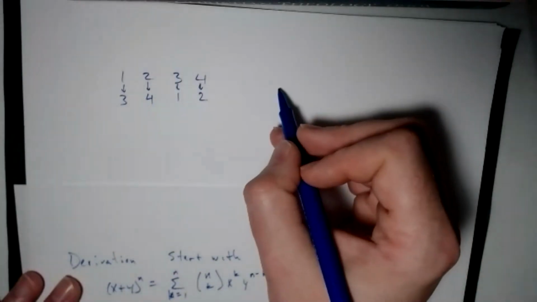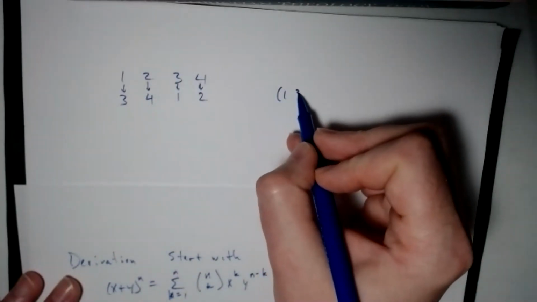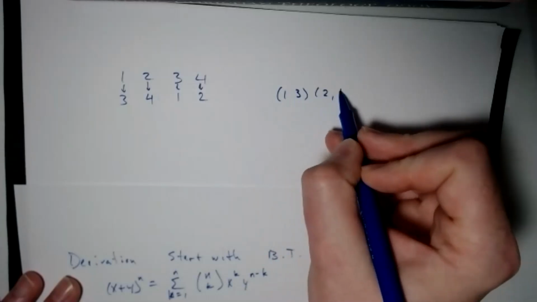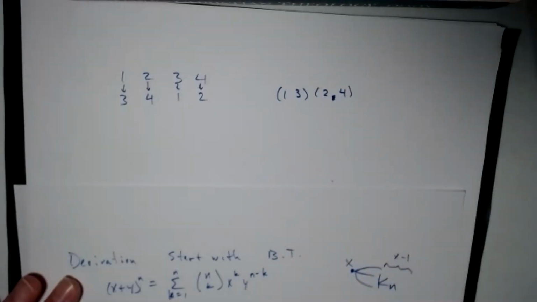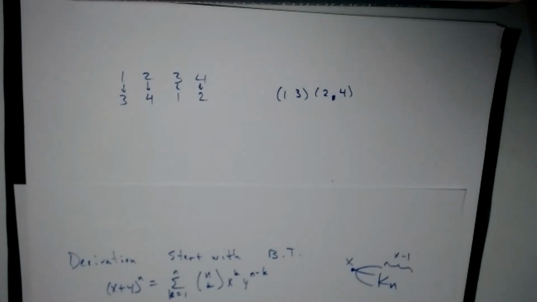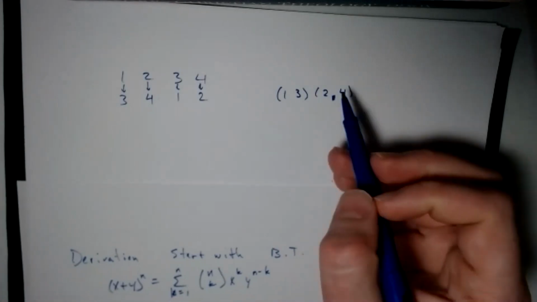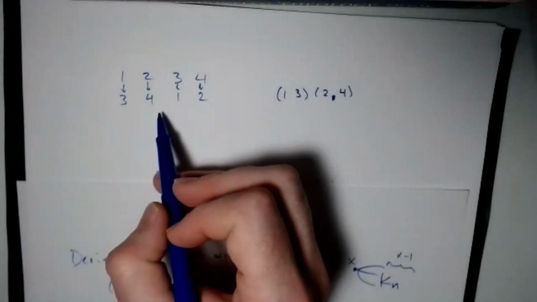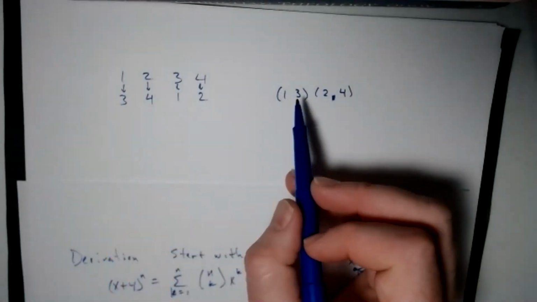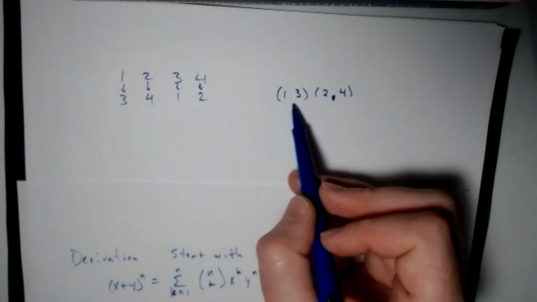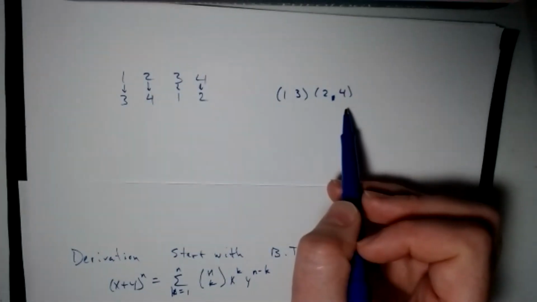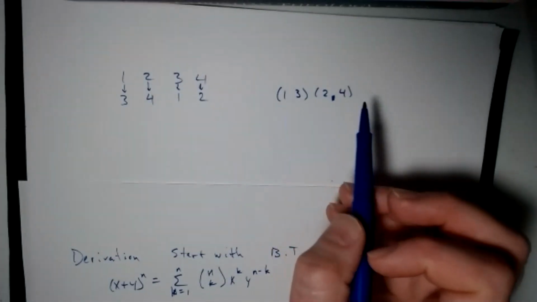And so this permutation can be written as (1 3)(2 4). The commas usually aren't necessary unless we go multiple digits. And so this is the cycle decomposition of this permutation. So this is one permutation that has 2 cycles in its decomposition, or cycle decomposition.